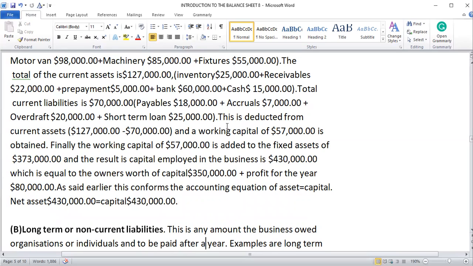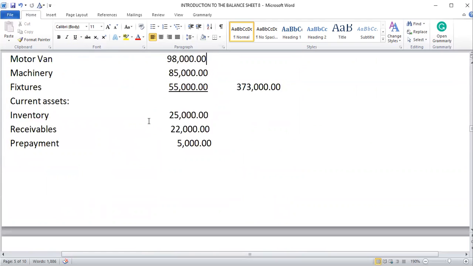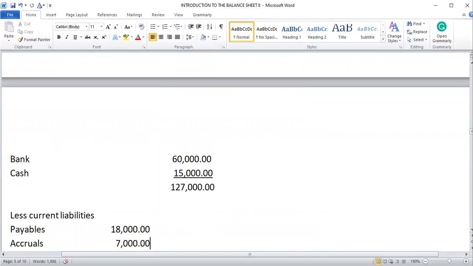Okay, when we get this figure, this is the data from the current assets, $127,000. So we have the current assets of $127,000.